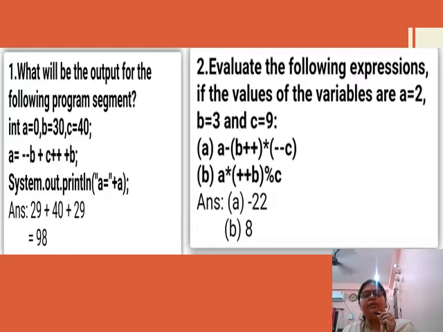In the next one, we will see A into ++B modulus C. This is the remainder sign, as you all know. ++B means 3 will become 4. Modulus C means 9. Now 4 remainder 9, 4 divided by 9. What will be the remainder?